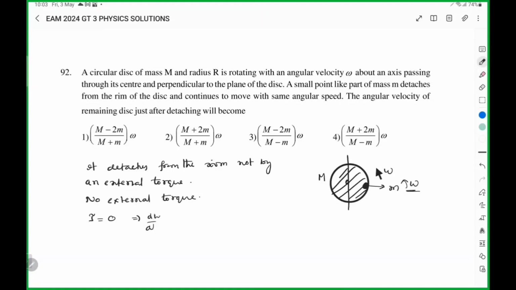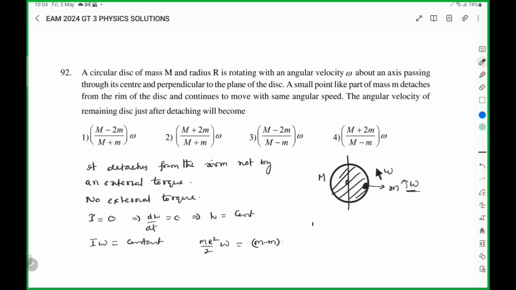Rate of change of angular momentum is zero, so angular momentum is constant. For a rigid body, angular momentum is I omega, constant. Before detaching, it is a disk with its moment of inertia. After detaching, one part is M minus m, which is a disk.